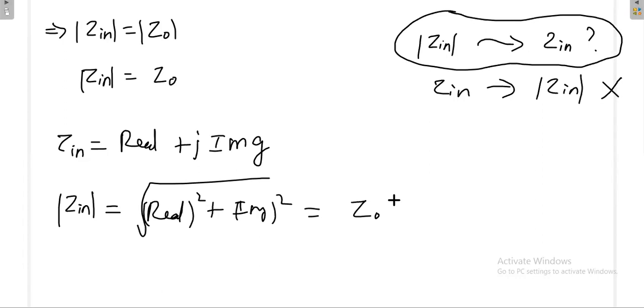With this I will stop. Otherwise, I will compare all these things. When you have a lambda by 2 line, your input impedance is similar to the load impedance.